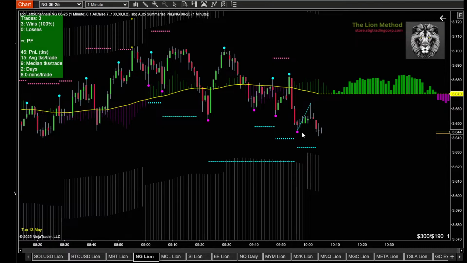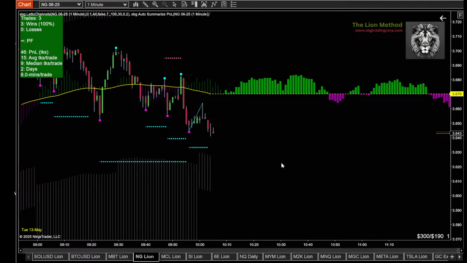Nat gas is a possible short, stalling out, and there is a tendency to be upward or an upward trend. So that's a no trade right there.